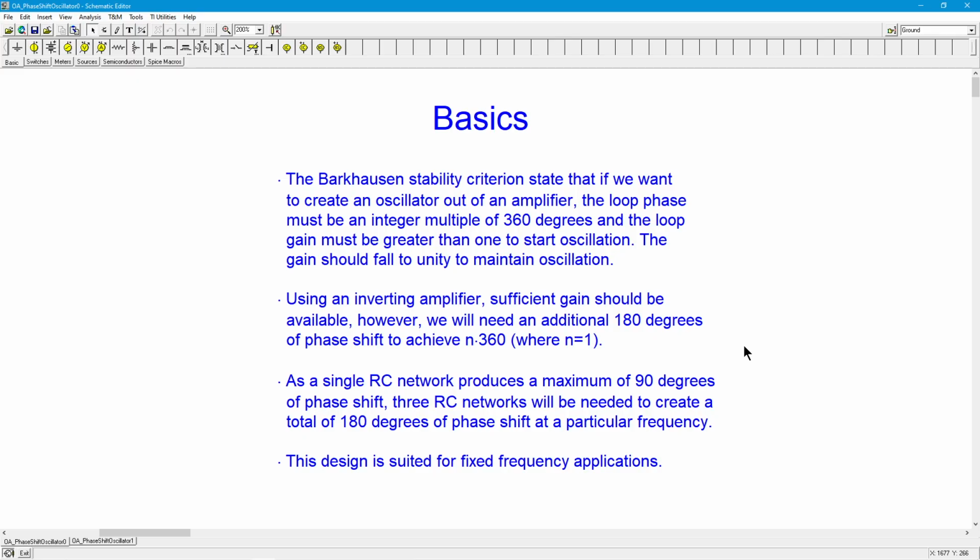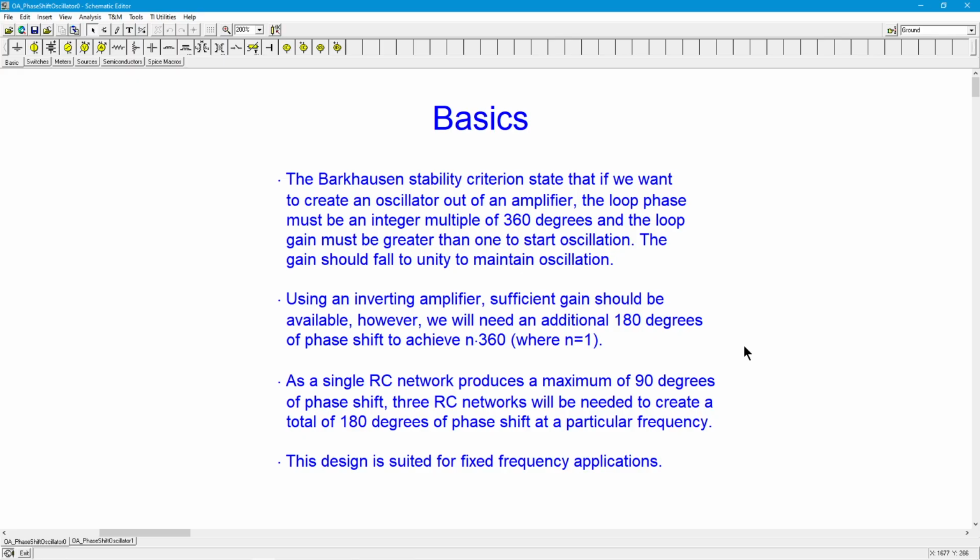You say, well, wait a minute, 90 and 90, that's 180. Yes, it is, but the loss produced may be phenomenally large. And besides, as I said, the op amp may not have a phase shift of exactly 180 degrees. So practically speaking, we need 3 RC networks.